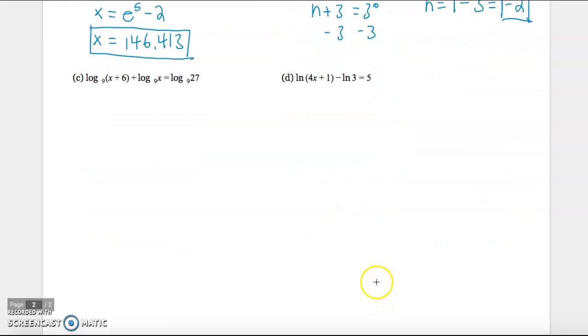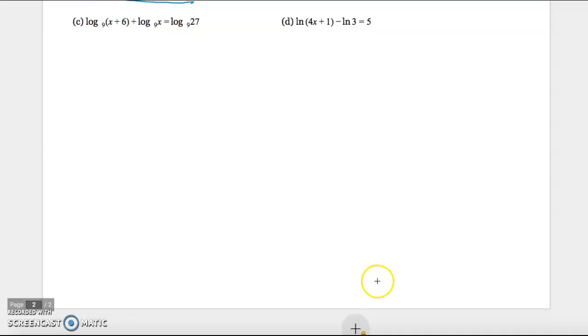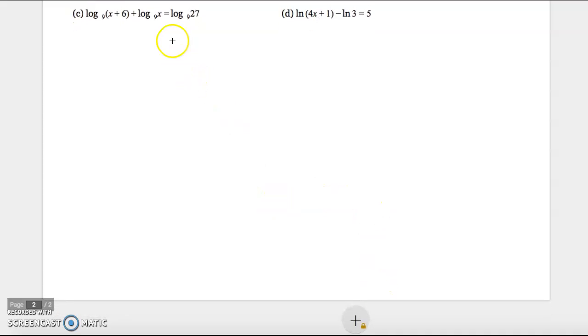All right, for this next example, we have multiple logarithmic expressions going on. I have one isolated on the right side of my equation already. So I need this to be just one logarithm on this side. What I'm going to do first is recognize that when I have addition between two separate logarithms, I can combine those into one logarithm that contains a multiplication.